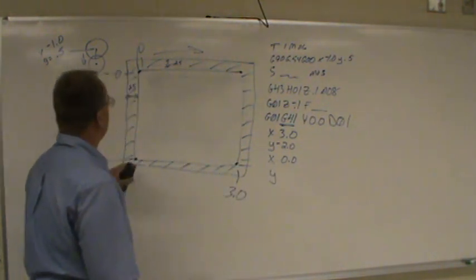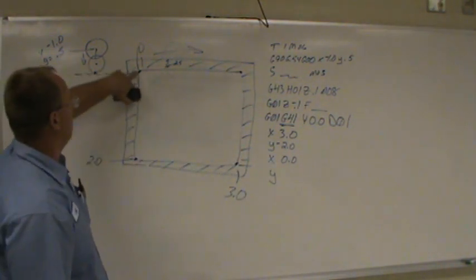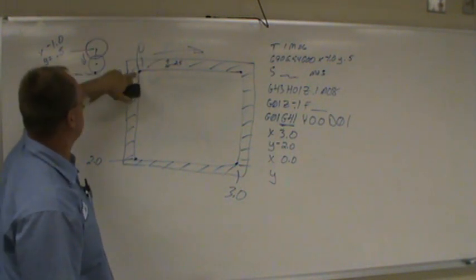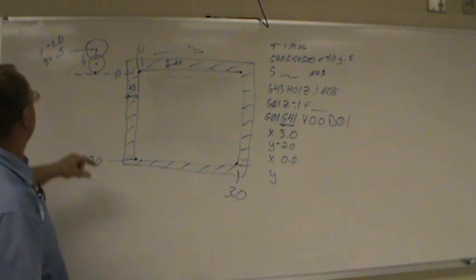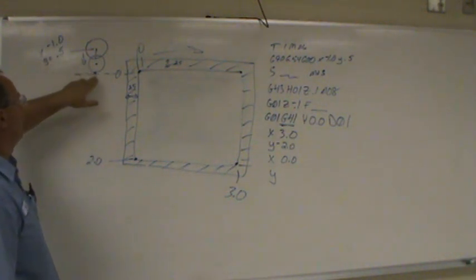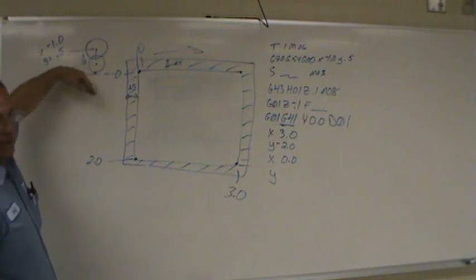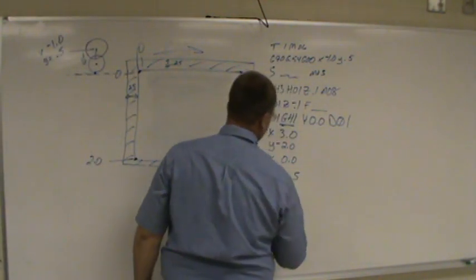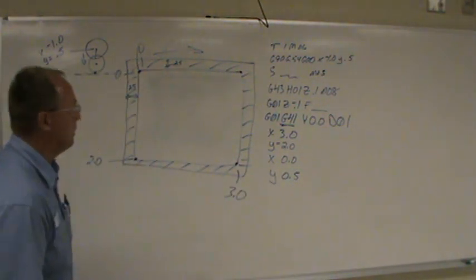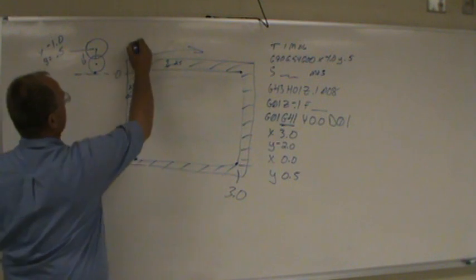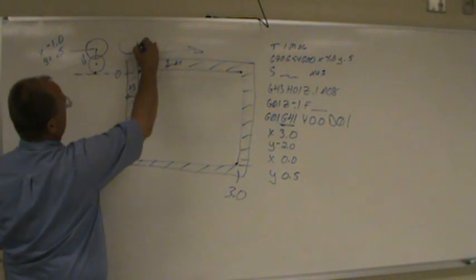Now Y, you don't want to stop right here. You want to cut out past it. And usually what I do is I'll just go out to my start point, because that was far enough for me to bring it in, so that's going to be far enough to finish it off. Y positive 0.5. So now our cutter is sitting up here with our tangent point at X0.